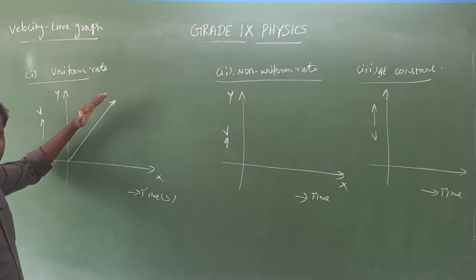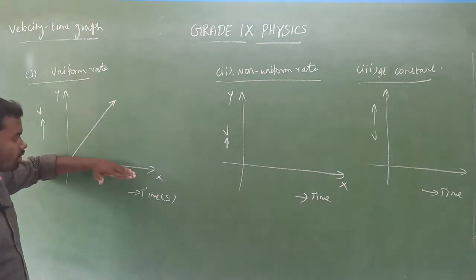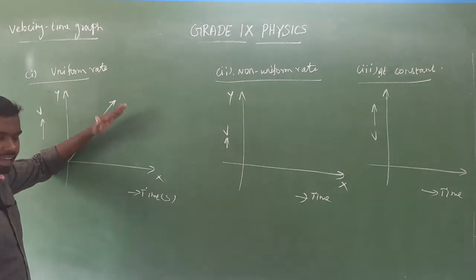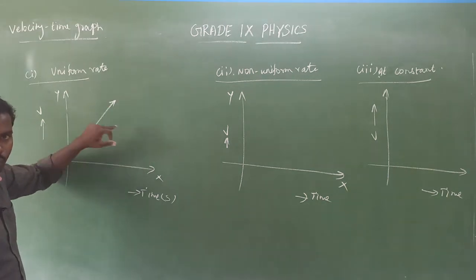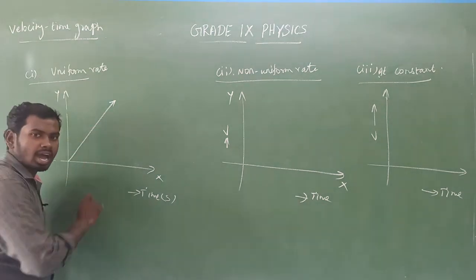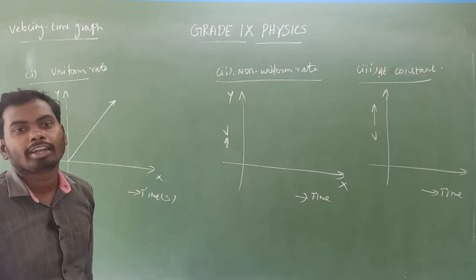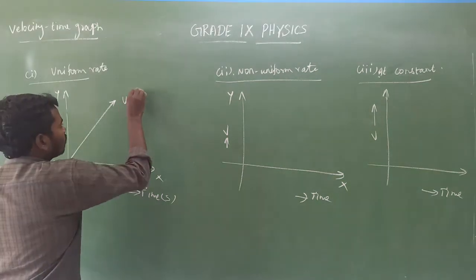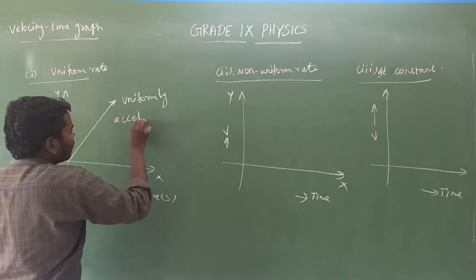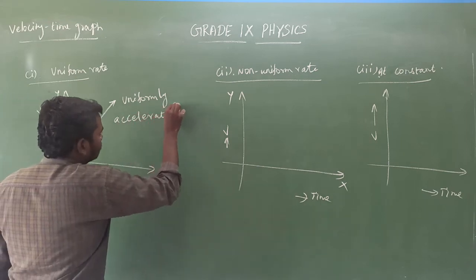In the velocity time graph, if the straight line is inclined to the x-axis, we can say what is the motion of the object? We can say the object is in uniformly accelerated motion.